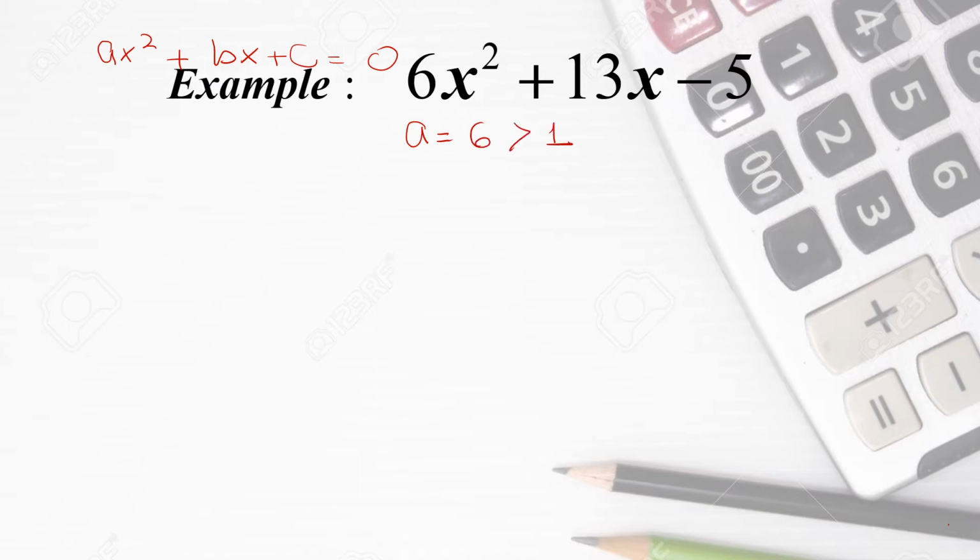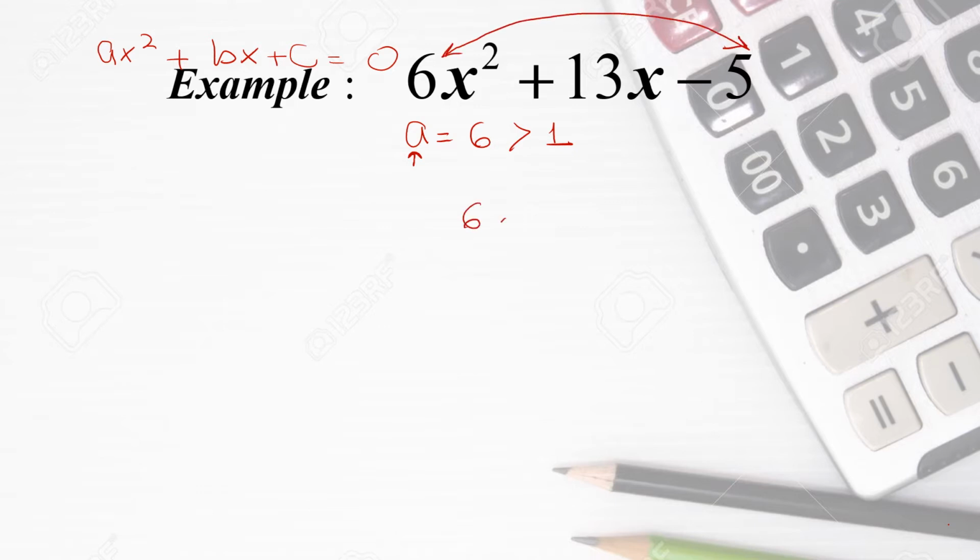So far we know how to factor the trinomials if the coefficient of x square, that means a, is equal to 1. Now what if the coefficient of x square, that means the a, is greater than 1? What you have to do is multiply the a with the last term, that is c.